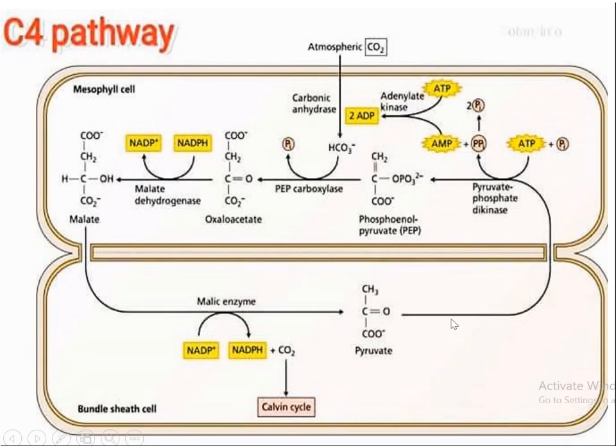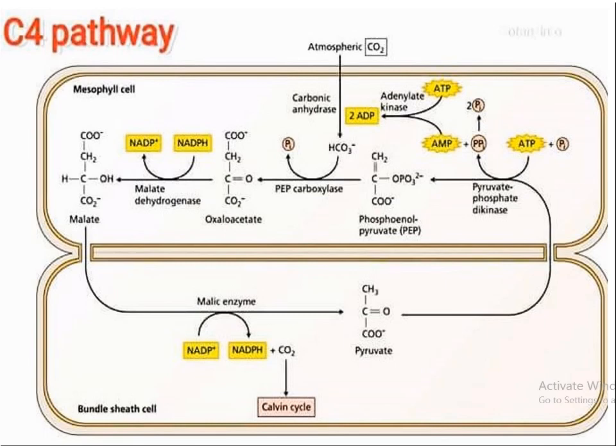Thus in C4 plants, the initial few steps are different from the Calvin cycle. But later on, the Calvin cycle is also attached to this C4 pathway. So that means C4 plants have both the C4 and C3 pathways.